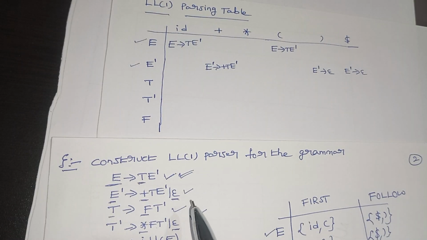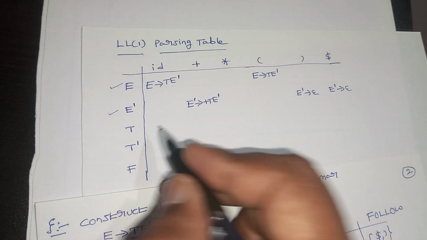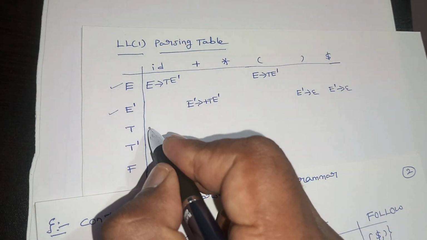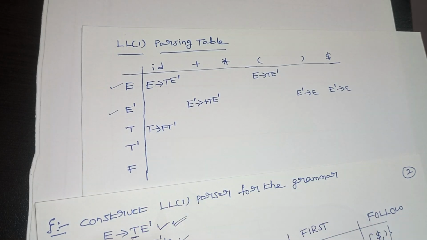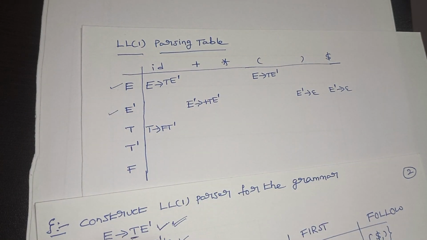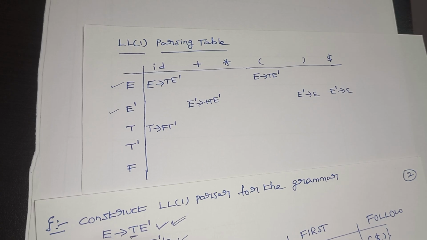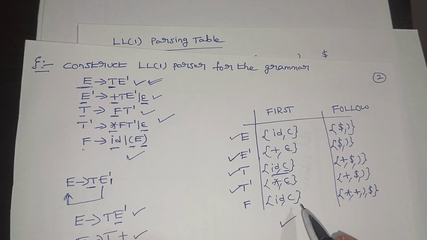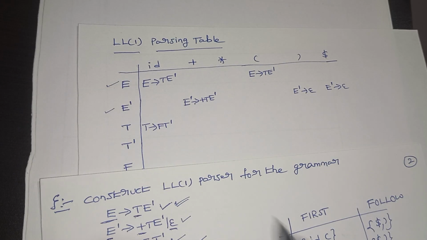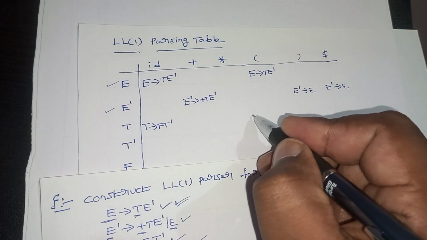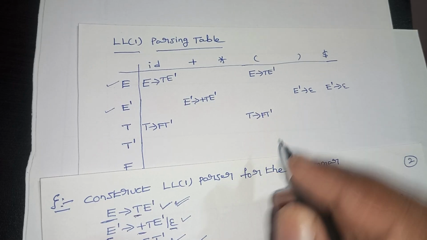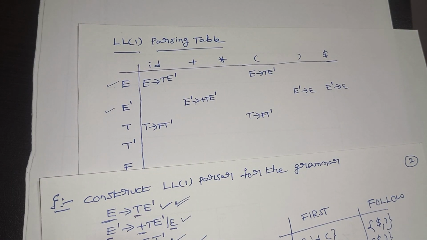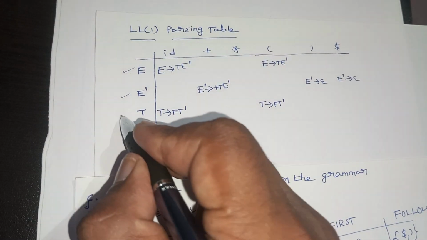There you write T tends to F T dash. So under id, T tends to F T dash, and under left parenthesis, not right, it is left parenthesis, you write T tends to F T dash. Okay, now T is also over.